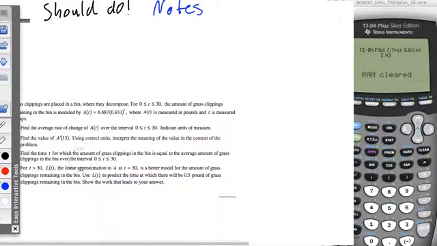So I'm going to go ahead and just enter in this function into our calculator. And this function measures the amount of grass clippings that are in a bin, right? They're in this bin decomposing. So this isn't how many have decomposed, it's how many remain. Let's go ahead and enter it into our y equals menu. If this problem involved any trigonometry, we would want to check our mode also, but it doesn't.